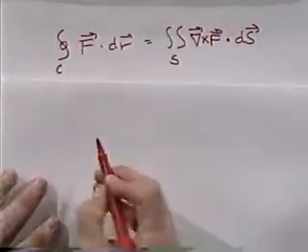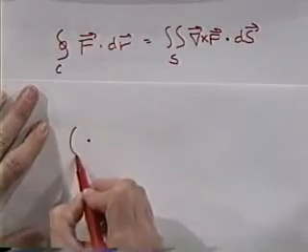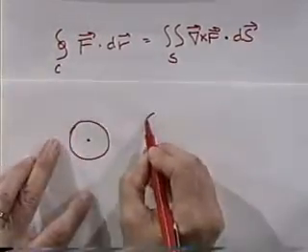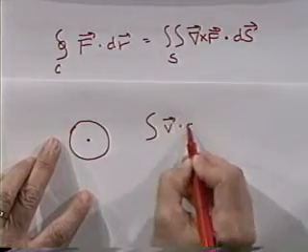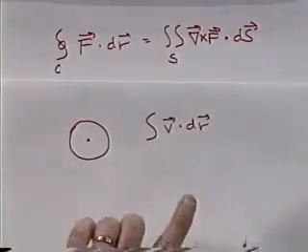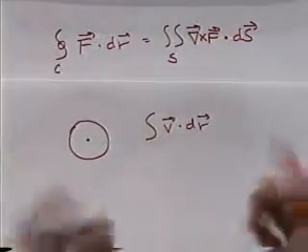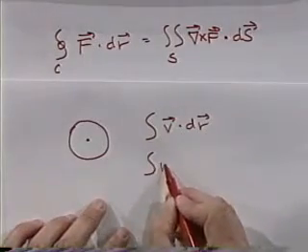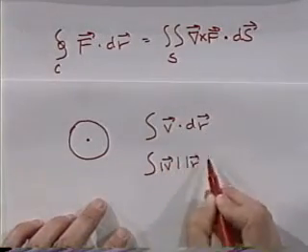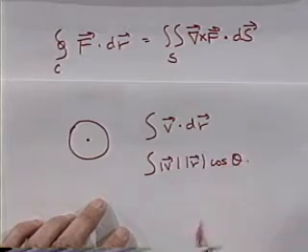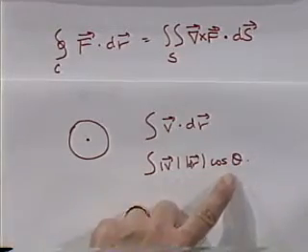Now notice, let's look at this side right here. If you had a point right here and you had some curve around the point and you're doing the integral of v dot dr, remember when you take the dot product, you're taking the magnitude of this times the magnitude of this times the cosine of the angle between them.